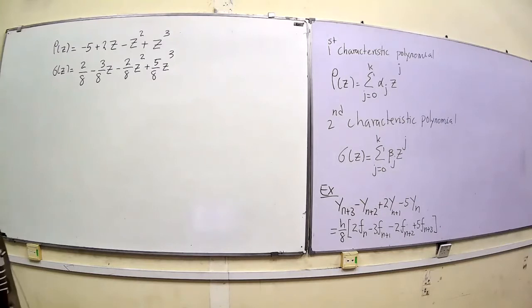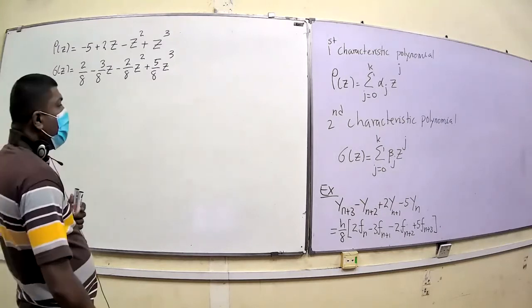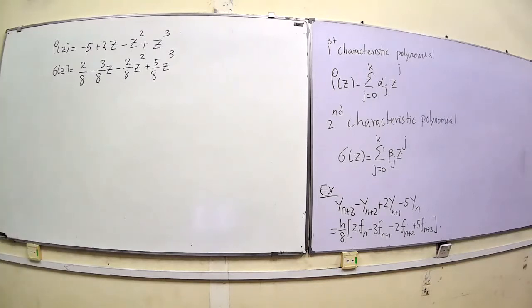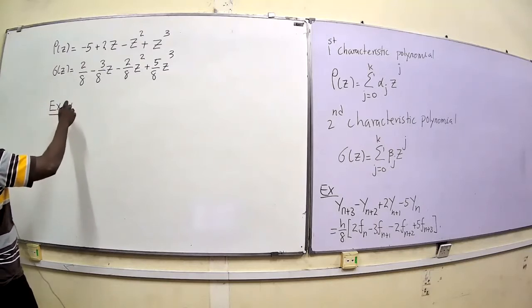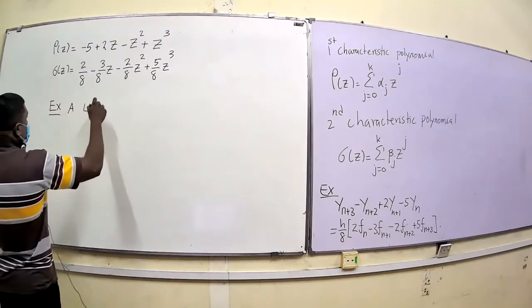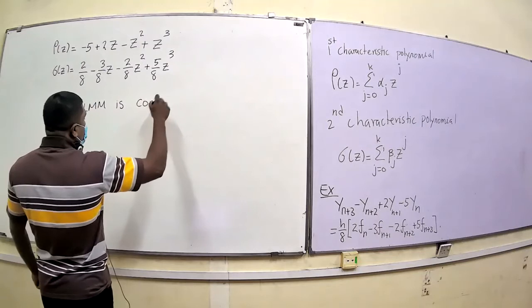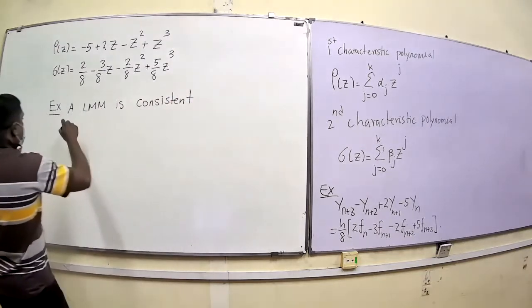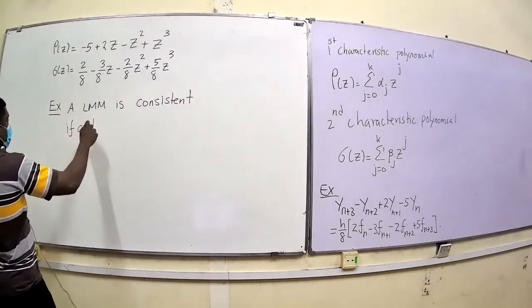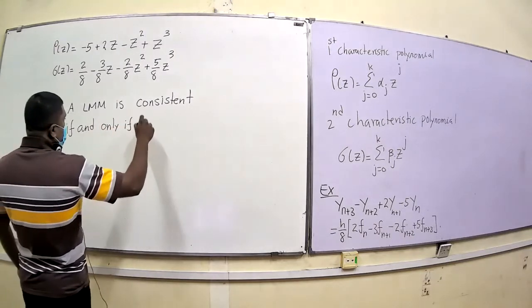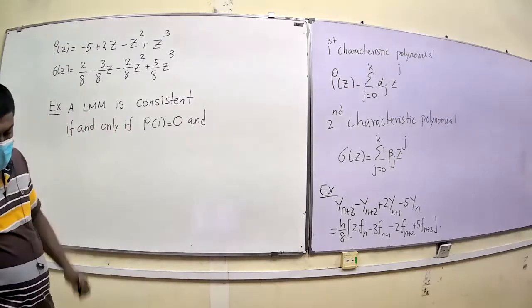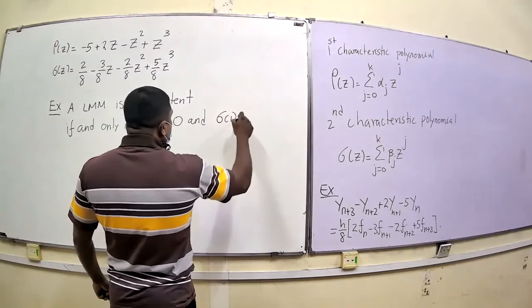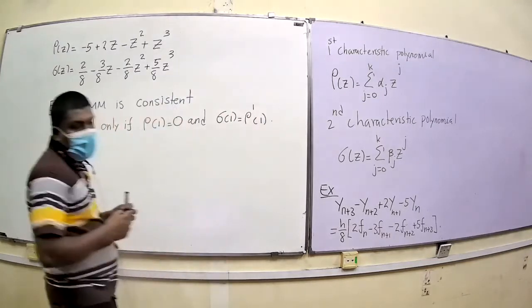By defining the first and second characteristic polynomials, we will see an alternative condition for the consistency of the method. I will write this as an exercise.